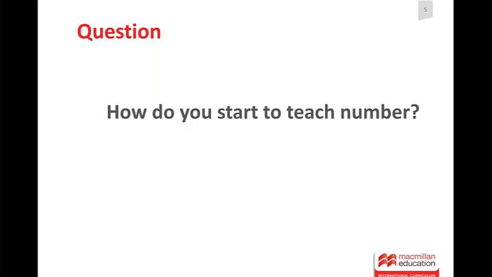I'll give you about a minute to think about that and write down your answers to this question. How do you start to teach numbers? Can you answer that question? That'd be great. So what do you use in your school to start to teach numbers? Are you just jumping onto writing numbers down? What are you doing? Why are you doing that?